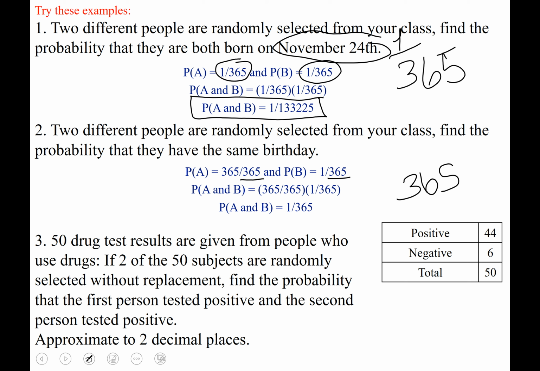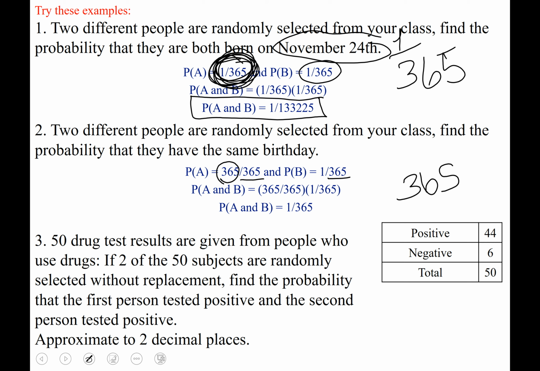And the change comes in with the numerator. Notice that the probability of event A was 1 over 365 when November 24th was considered the success. But now notice that it is 365 out of 365. The reason for that is success has not been determined. There's no specific date that is considered the one success.